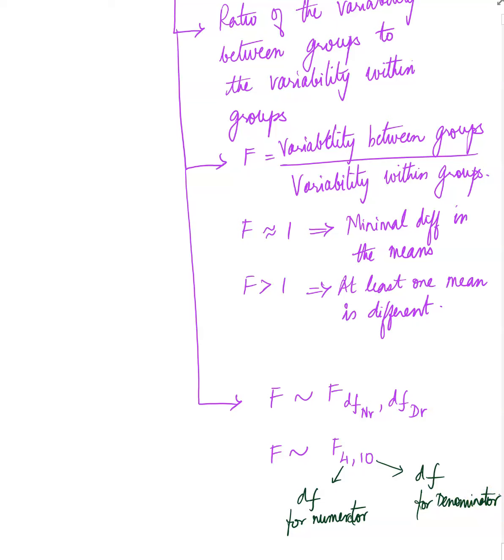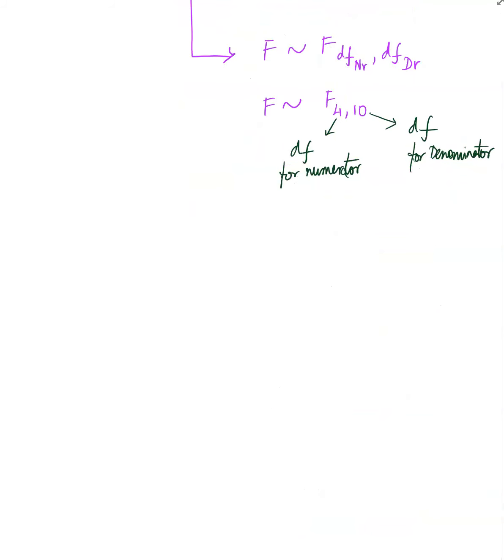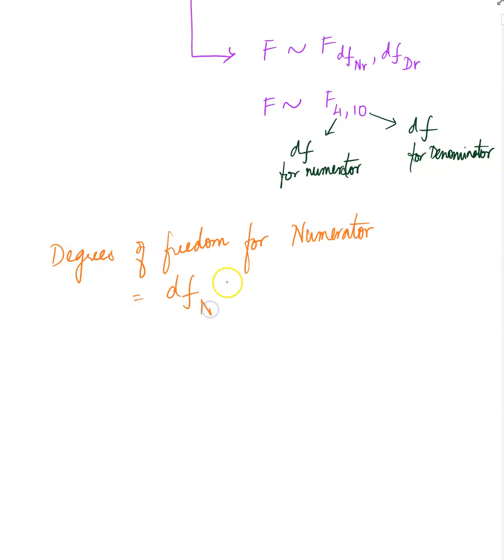And what is the formula for that? The degrees of freedom for the numerator, just for our understanding, I'm going to write df with an nr suffix.